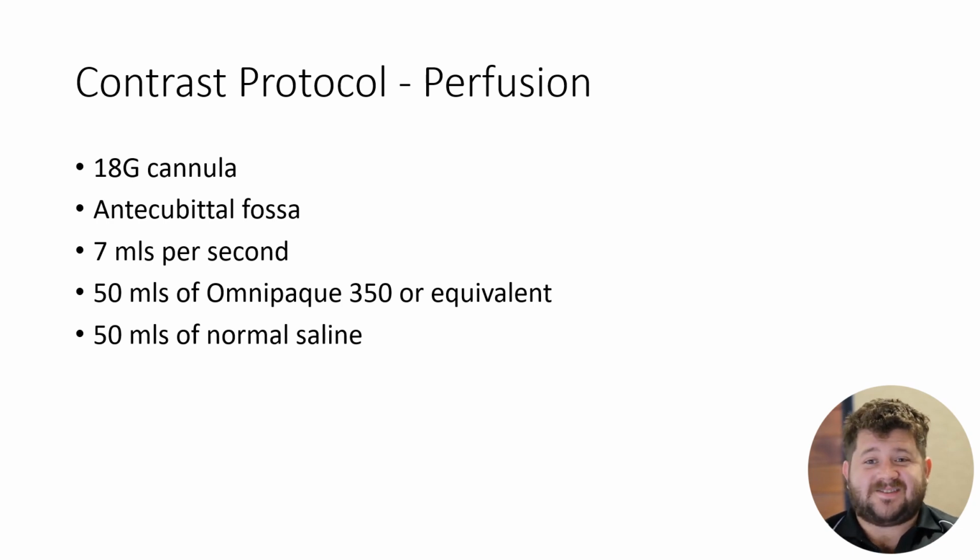We inject at 7 ml per second, and we inject 50 ml of Omnipaque 350, followed by a 50 ml saline flush. The reason we need that 18 gauge is that 20 gauges are limited to 6 mls a second, so we're going faster than what a 20 gauge can actually handle. That's the most important thing before we get a patient on the table for a stroke call: just ensure that they have that cannula in.